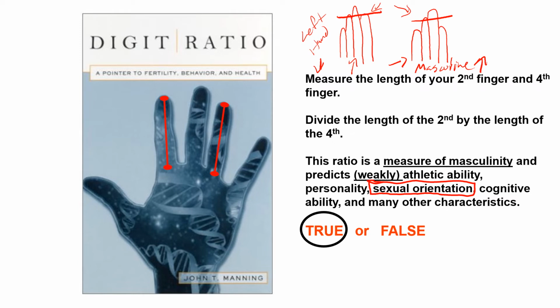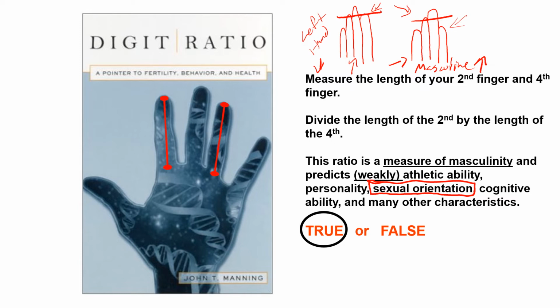And again, pubertal testosterone and testosterone in the womb influence this. So those who have more testosterone, they will have like the one on the left. Biological females who have fingers like the one on the left have a much greater chance of being gay.